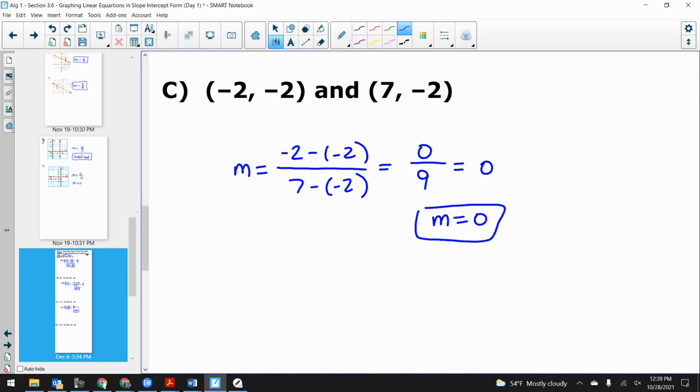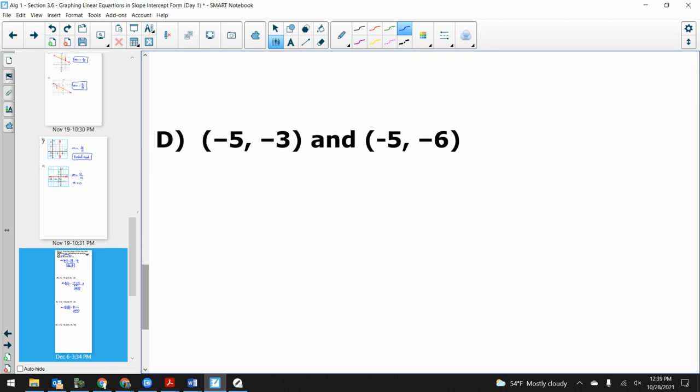What does that mean about my line? It's a horizontal line. The slope is 0. It is a horizontal line. In contrast to that, -6 minus -3, -5 minus -5.